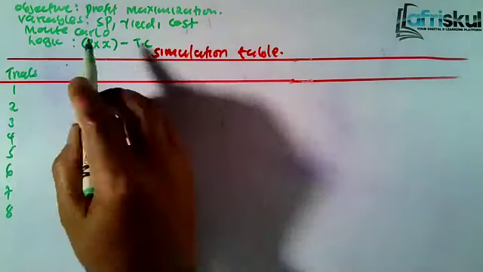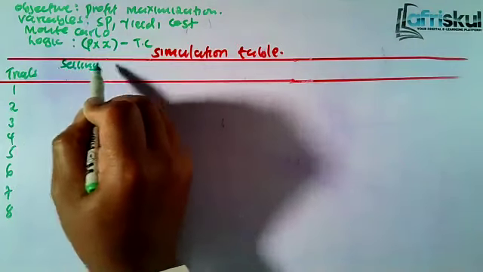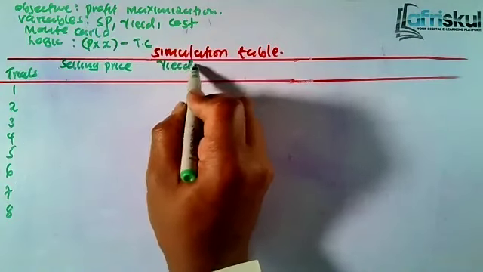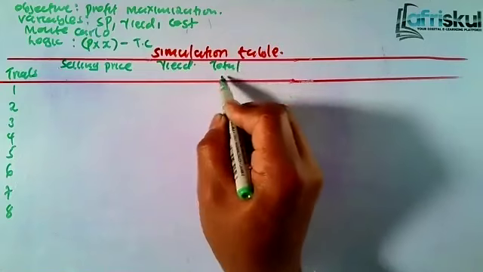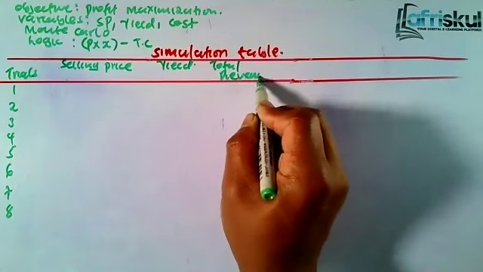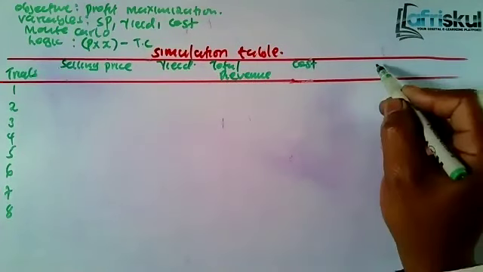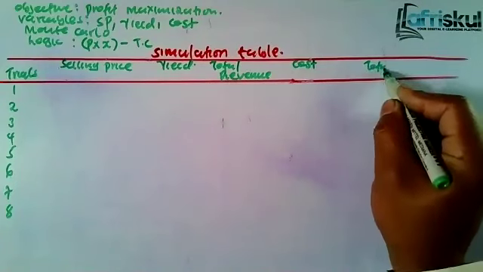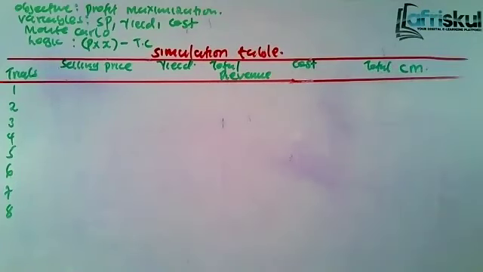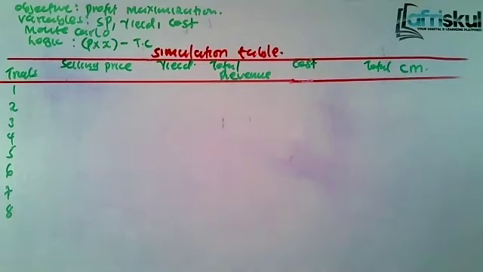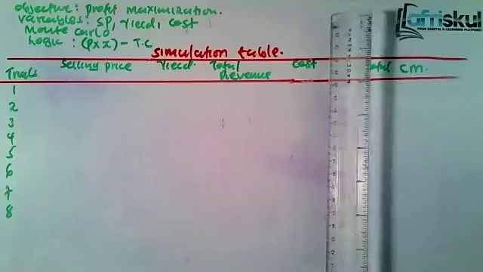Then we said take the selling price, you multiply by the X. Our X was yield, so that you can get the total revenue. Then take the total revenue, you less the cost so that now you can get the total contribution. In this case, you're not given the fixed cost. If you had been given the fixed cost, you could have taken the total contribution margin, you less the fixed cost to get the profit. So that's how I present that.